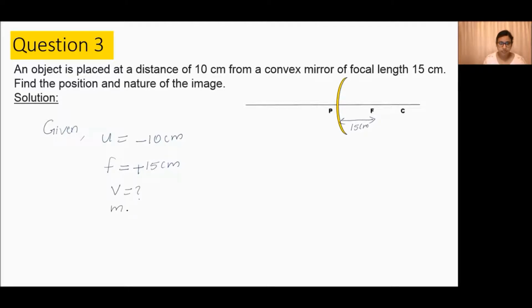also the magnification. What is the relation connecting the object distance, image distance, and the focal length?